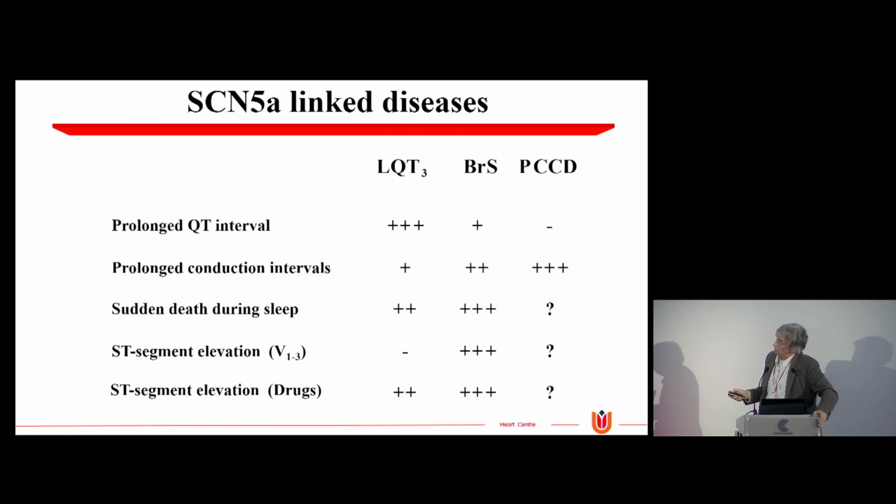Conversely, prolonged conduction intervals are of course present here, but are also present, as shown in the example, in Brugada syndrome. And if your cohort of LQT3 patients is large enough, and they have done that, for example, for the delta KPQ variant, then you see that the carriers of the LQT3 mutation always have a little longer PR interval, a little wider QRS width than the individuals without the variant.